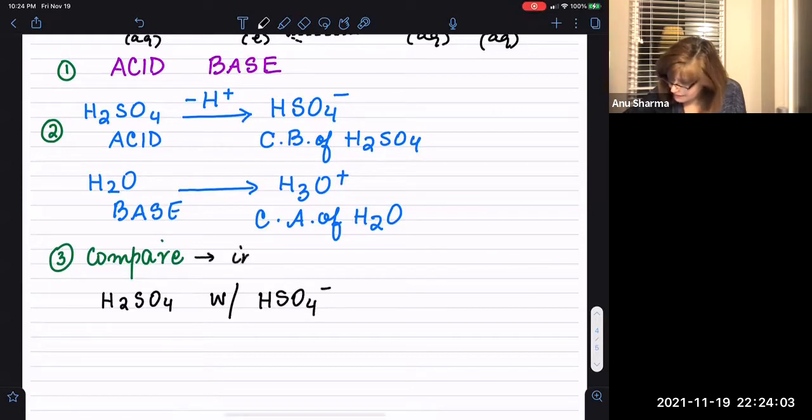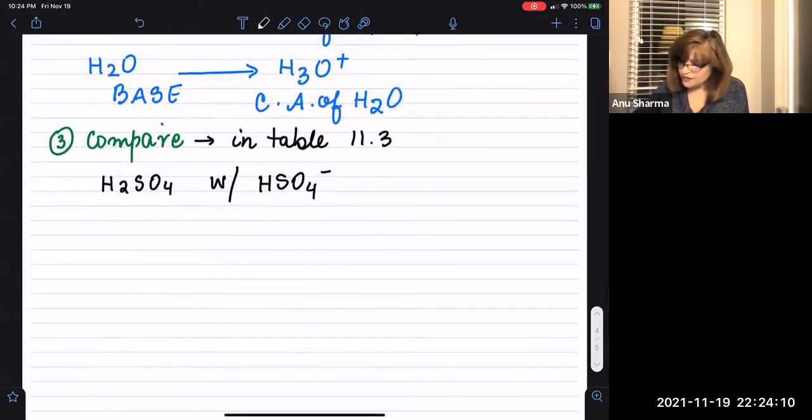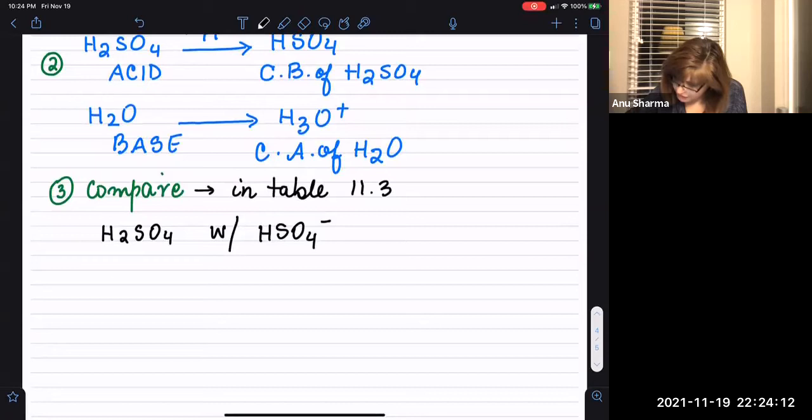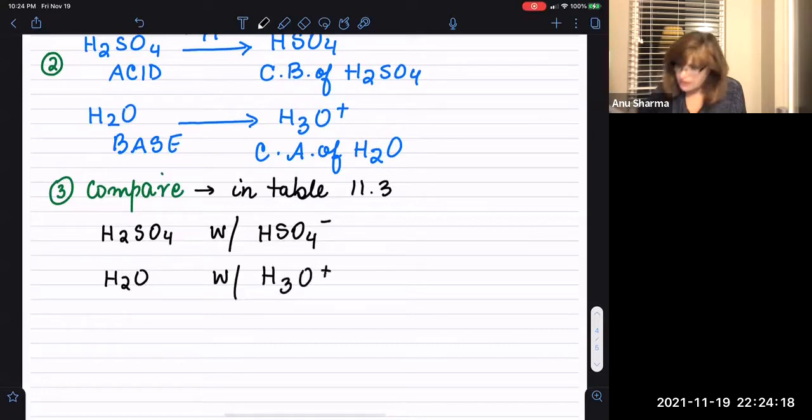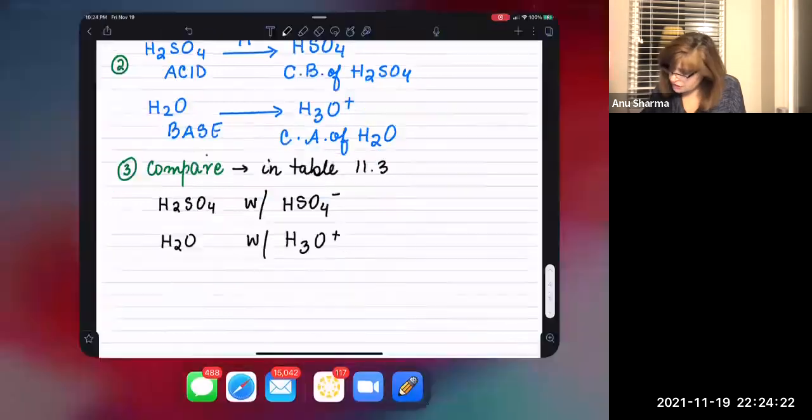Compare in table 11.3, H2SO4 with HSO4 and H2O with H3O plus. All right. Now, let's look at this, H2SO4 and HSO4.